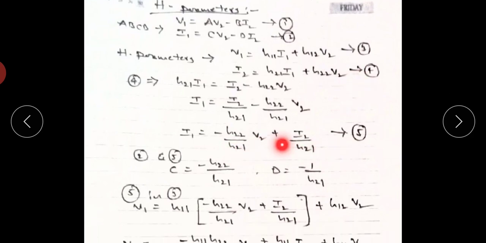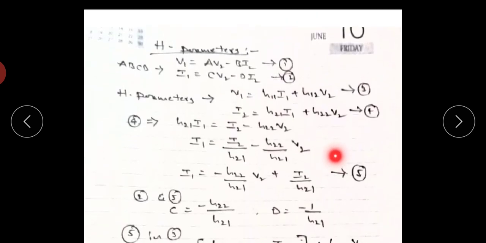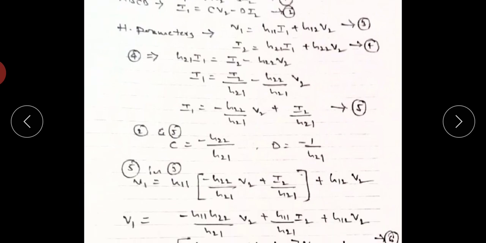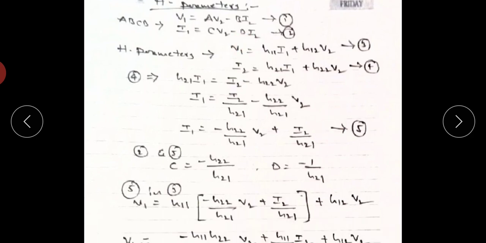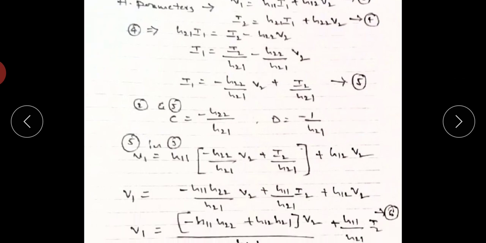Here V2 quotient value equals C, I2 quotient value equals D. So by comparing equations 2 and 5, C equals minus H22 by H21, and I2 quotient value equals minus D. So minus D equals 1 by H21, or D equals minus 1 by H21.